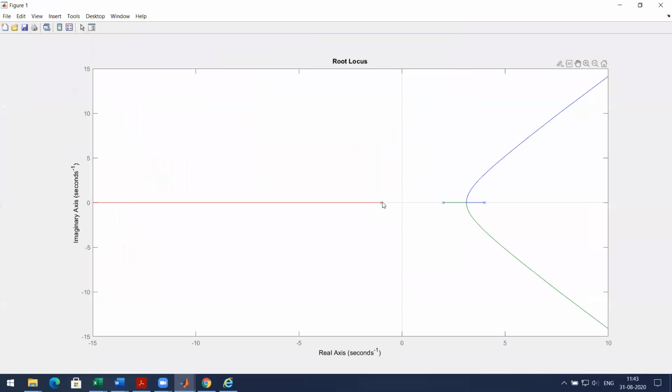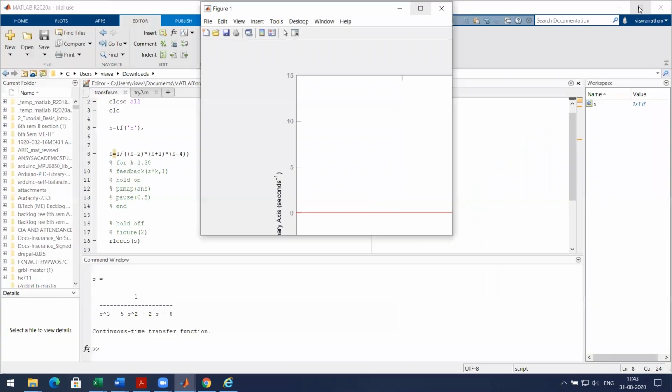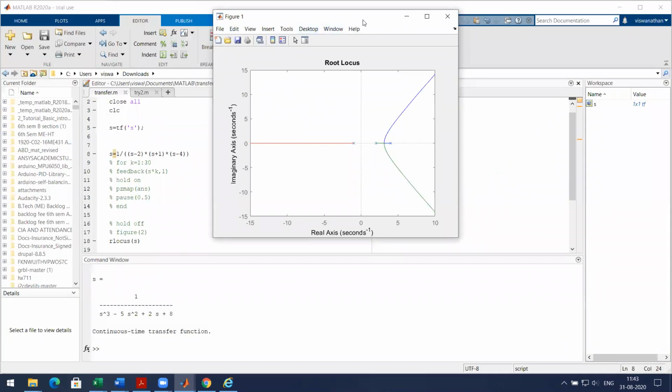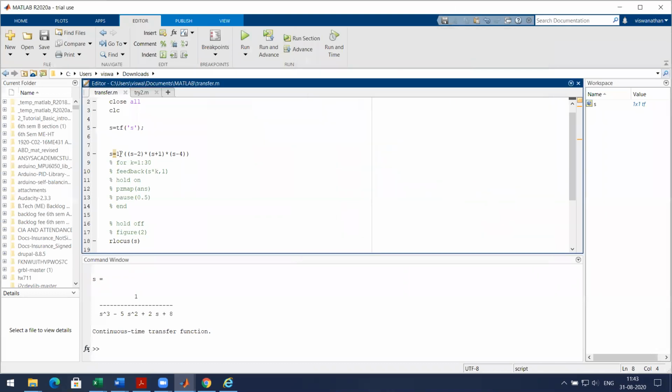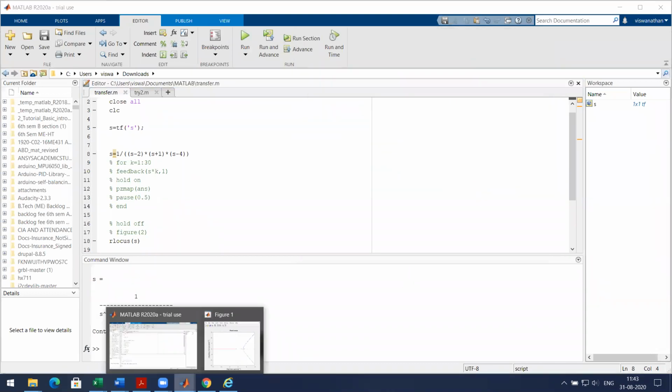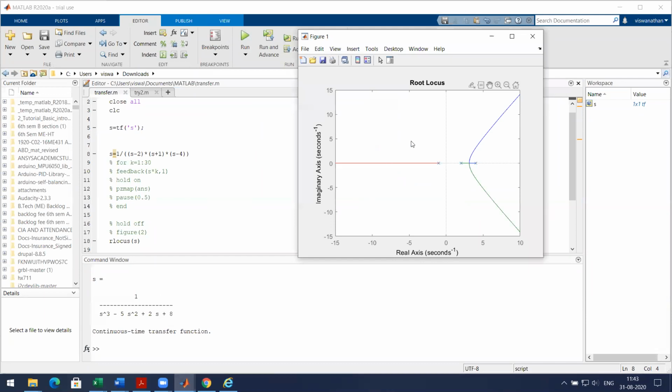This pole is going to infinity this way. These 2 poles are meeting here. This is going to infinity this way. This is going to infinity this way. Understood this? This is just to have an idea of how the root locus moves, how the pole positions move.